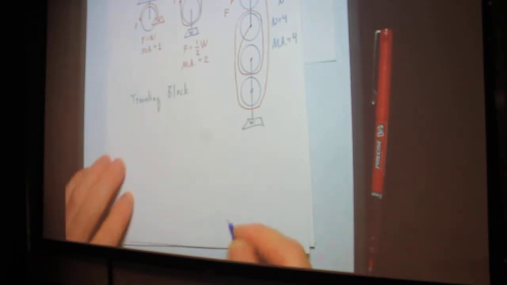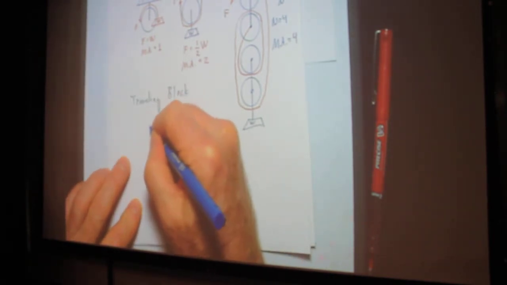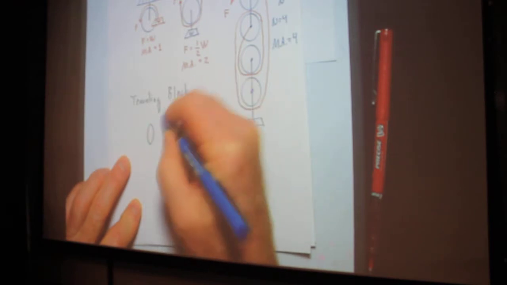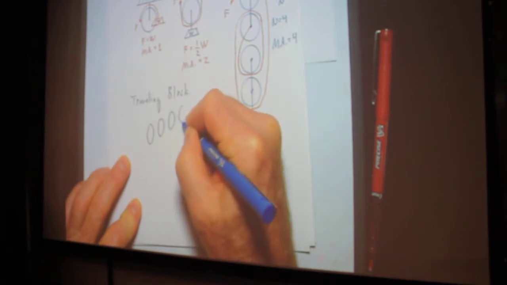So a traveling block basically is you have these pulleys like this, and I'll show you a picture of this in a second.